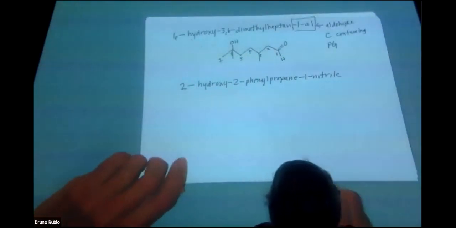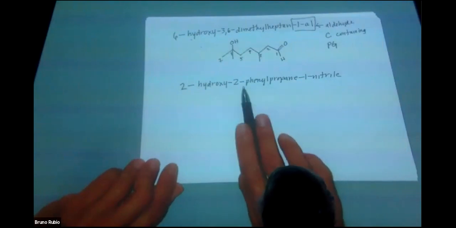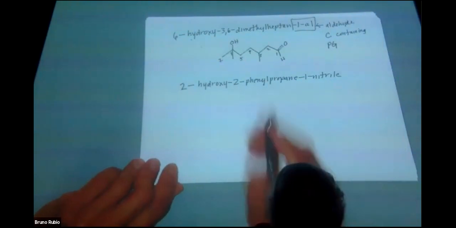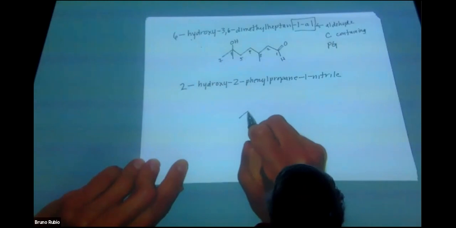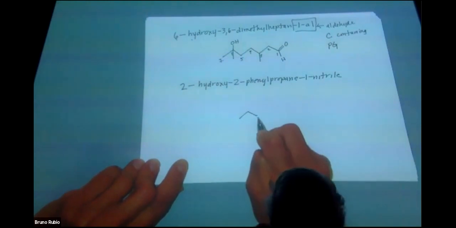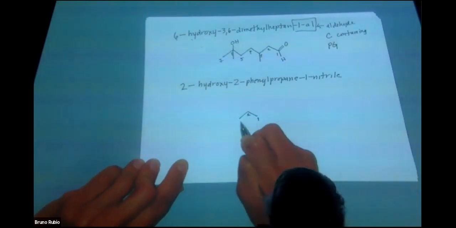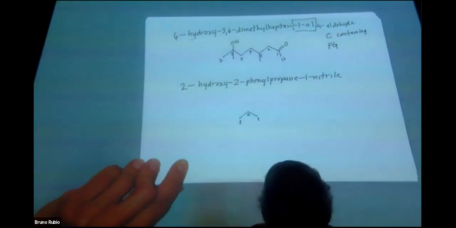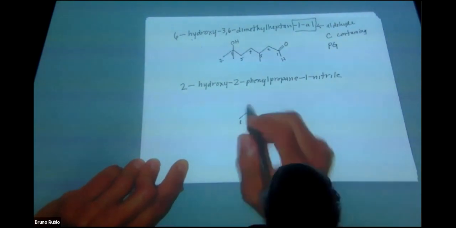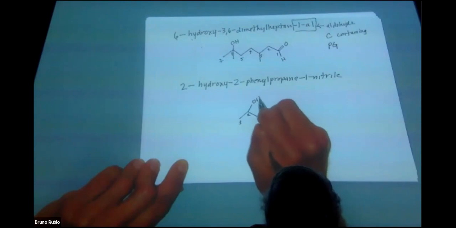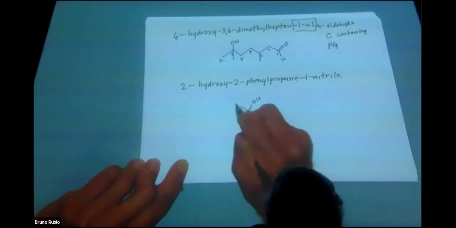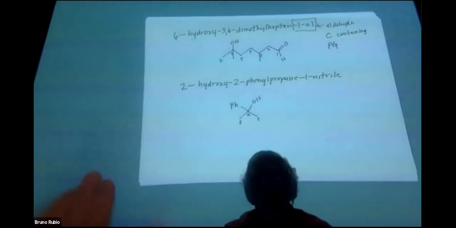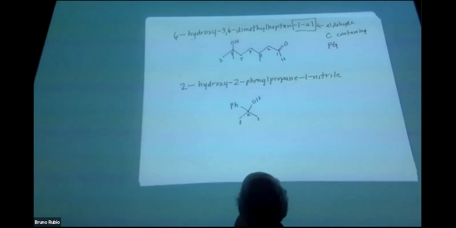Okay, what's the parent? Prop. That's 3 carbons. 1, 2, 3. So carbon 1 is there, carbon 2 is there, carbon 3 is there. I could have numbered in the opposite direction. 2-hydroxy, 2-phenyl, right? I'm going to put PH there, that's the standard abbreviation for phenyl.